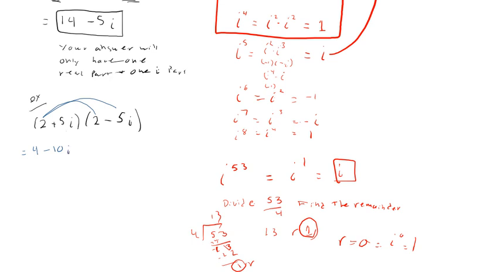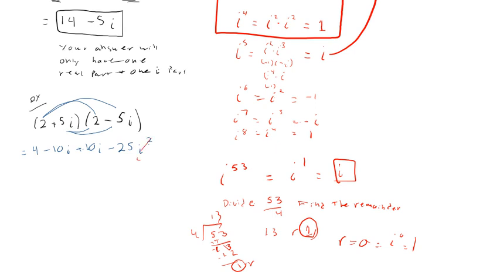And 5i times minus 5i is minus 25i squared. These two numbers multiply together. We're going to simplify. I know that i squared is negative 1, so I'm going to make this i squared into a negative 1.